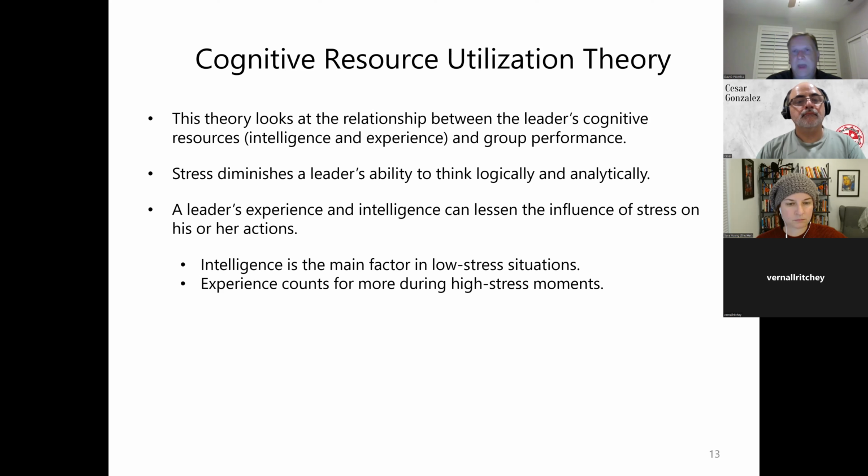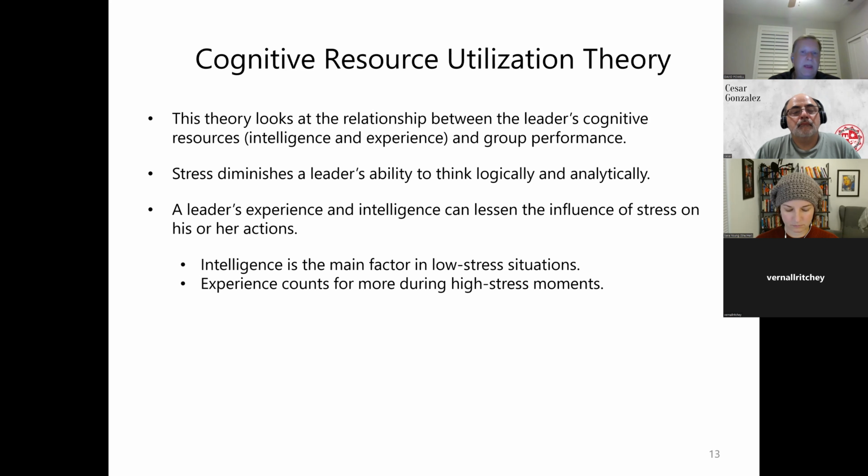Another theory that comes out of the leadership literature that you will cover in your next class is what's called cognitive resource utilization theory. That's a nice fancy name that basically just means that people, when they react to a situation, can rely upon either their level of intelligence or their level of experience.